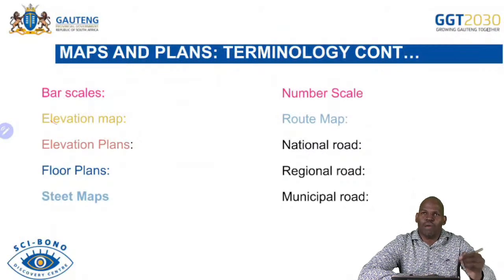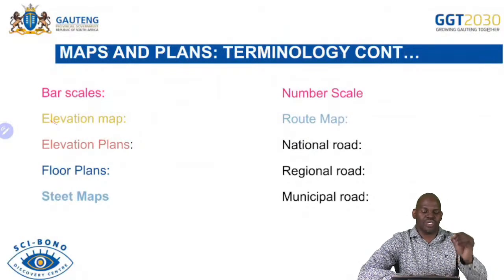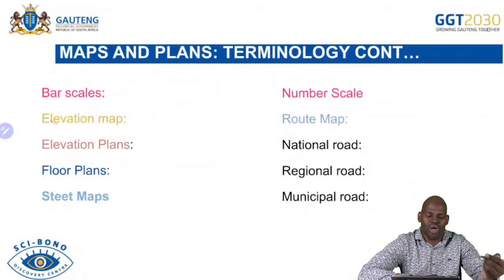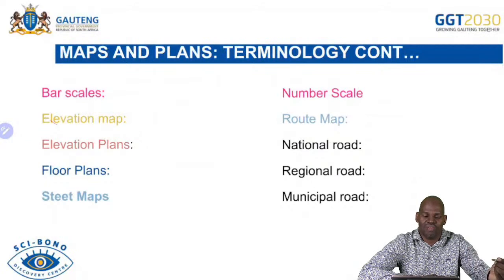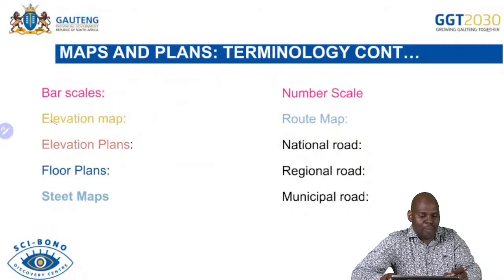But you must be able to explain these. Explanations, or the definitions, are very, very important. Now you can think you have been working with bar scales on a daily basis at your school level. The moment you see the word bar scale, there should be something that comes into your mind in terms of definition. Now, what is a bar scale?